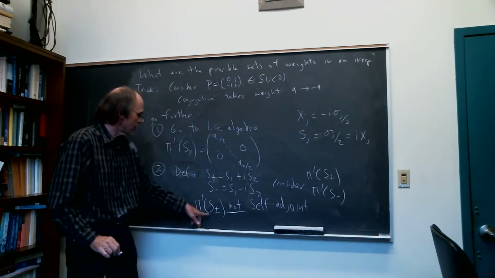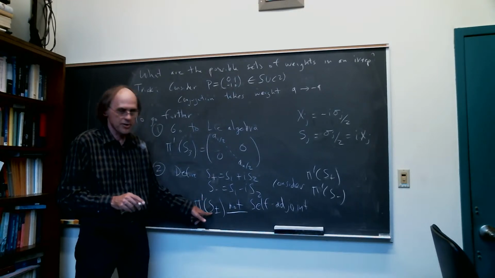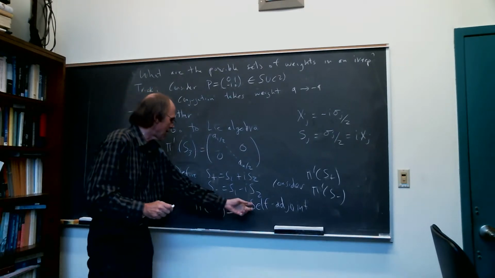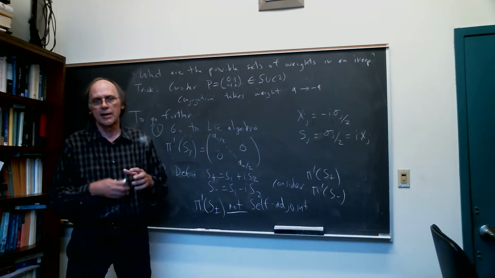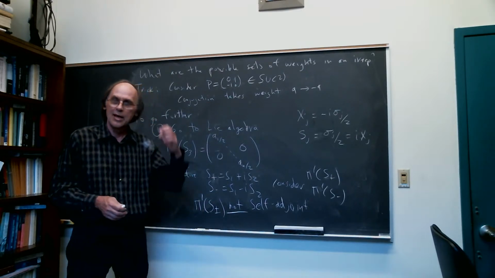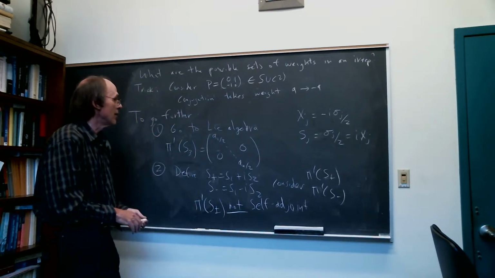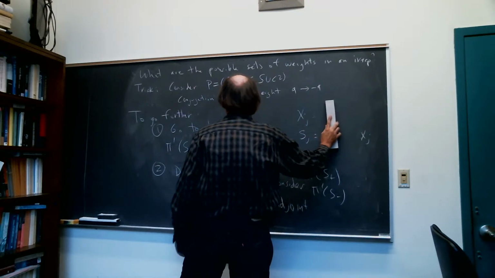So these are very weird. If you have a representation, you're going to have these operators in the representation, but they're not self-adjoint operators. They don't have real eigenvalues. Physically, they don't have any obvious interpretation, and so they're funny things to work with. But they have this really nice property.